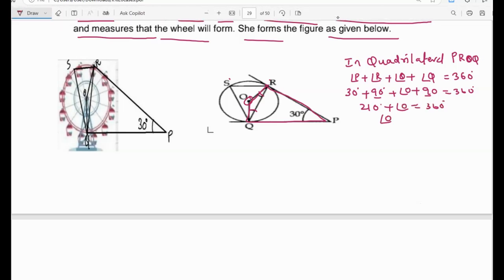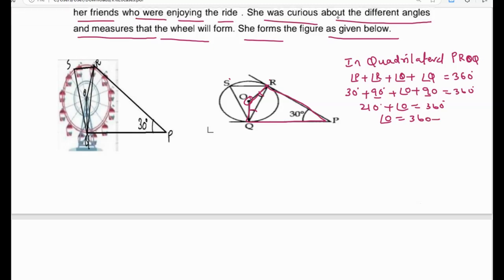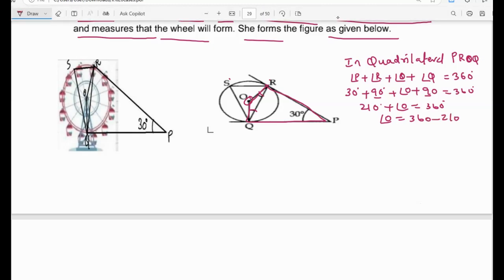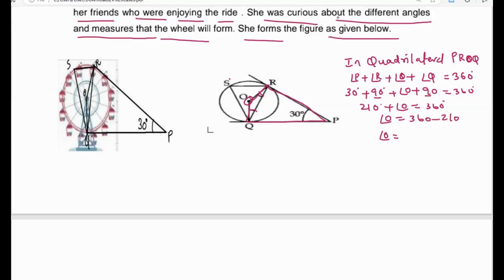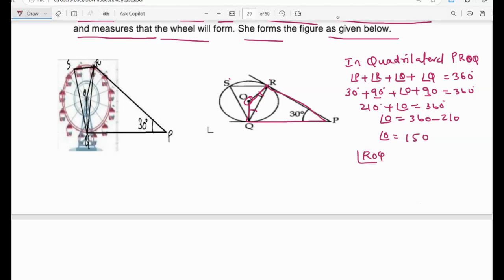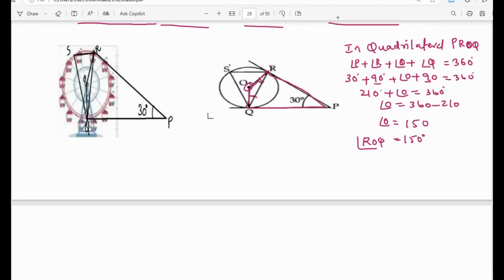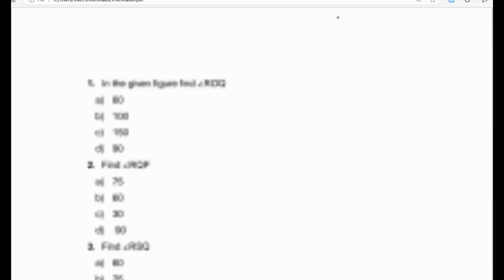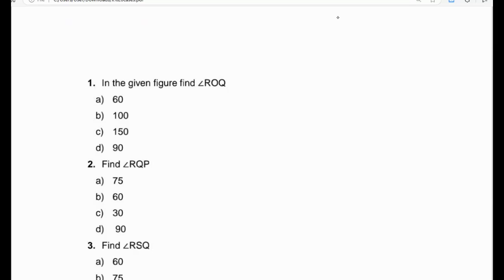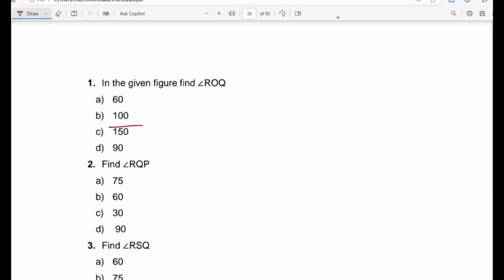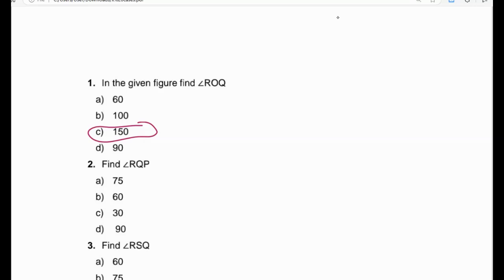So angle O will be 360 minus 210. So the angle O will be 150. That is ROQ. The angle ROQ is 150 degrees. So yeah, the first answer is 150 degrees.